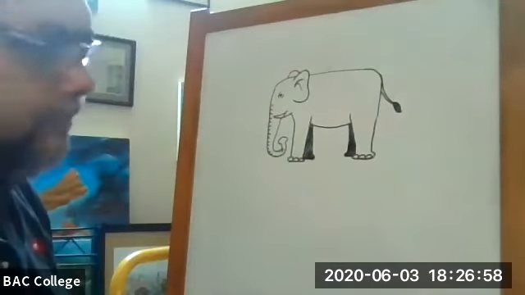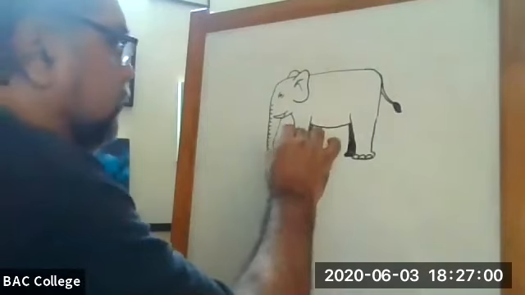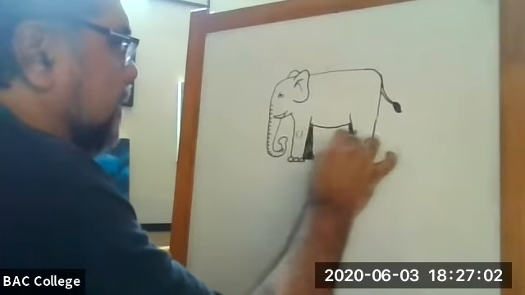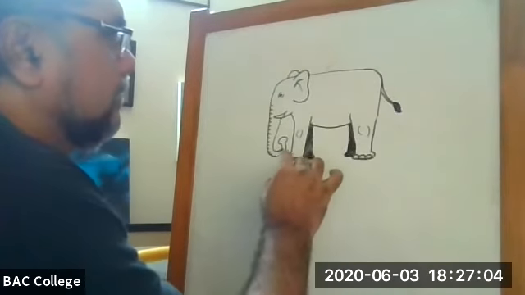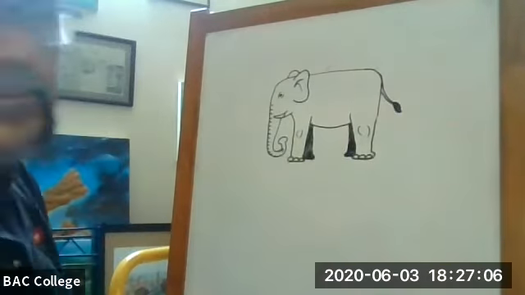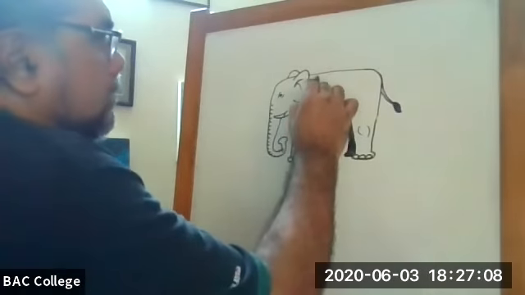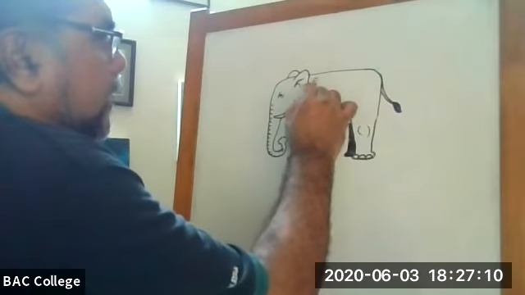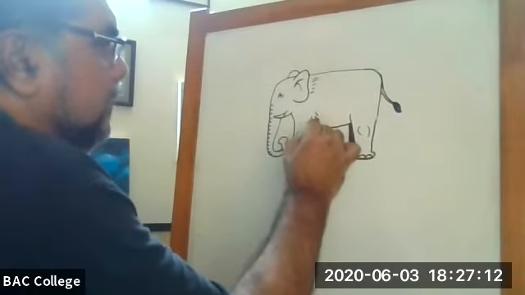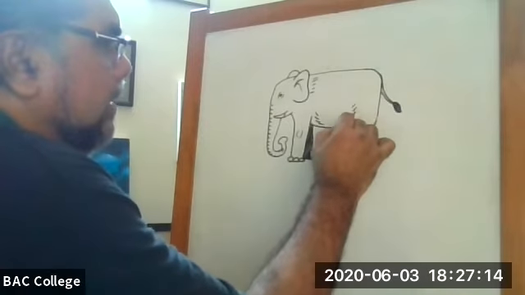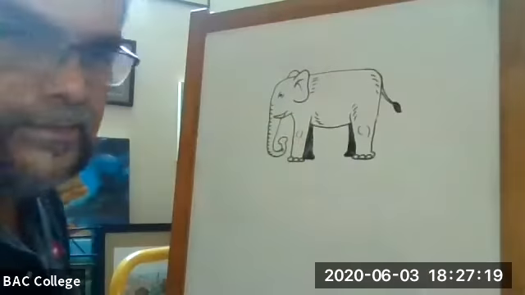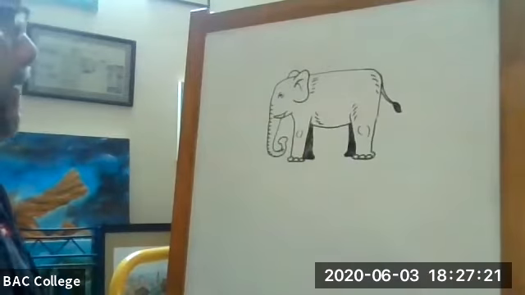It's almost like a hand. And then you can also draw some lines here, and here, and here, and here. All those lines will make a difference.